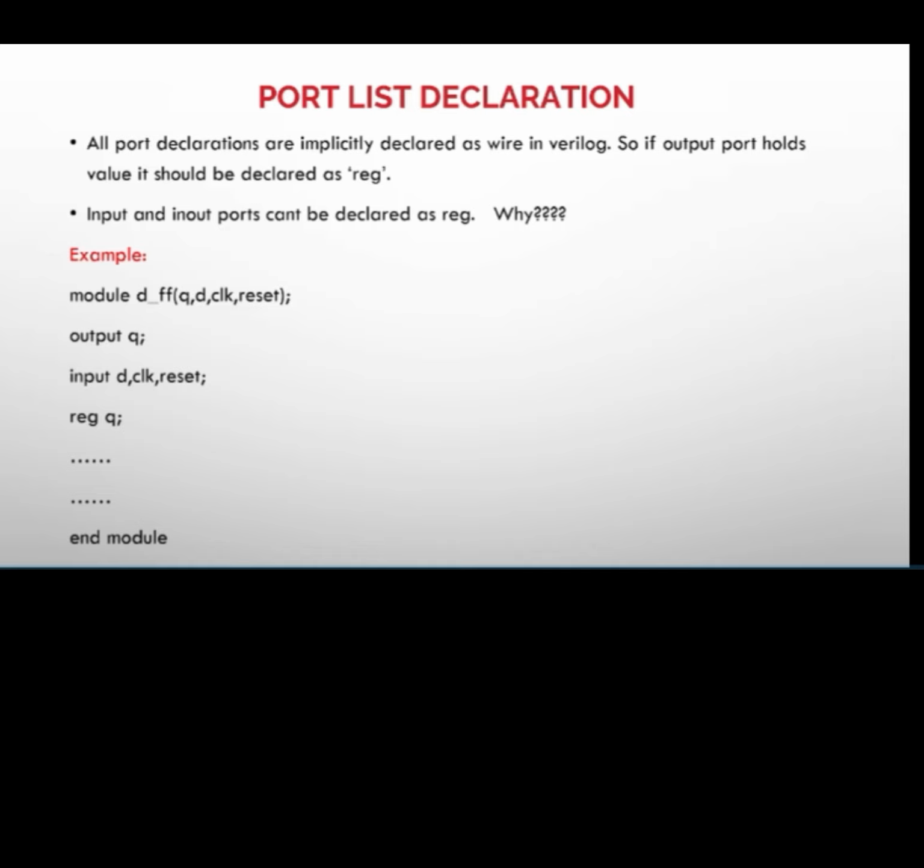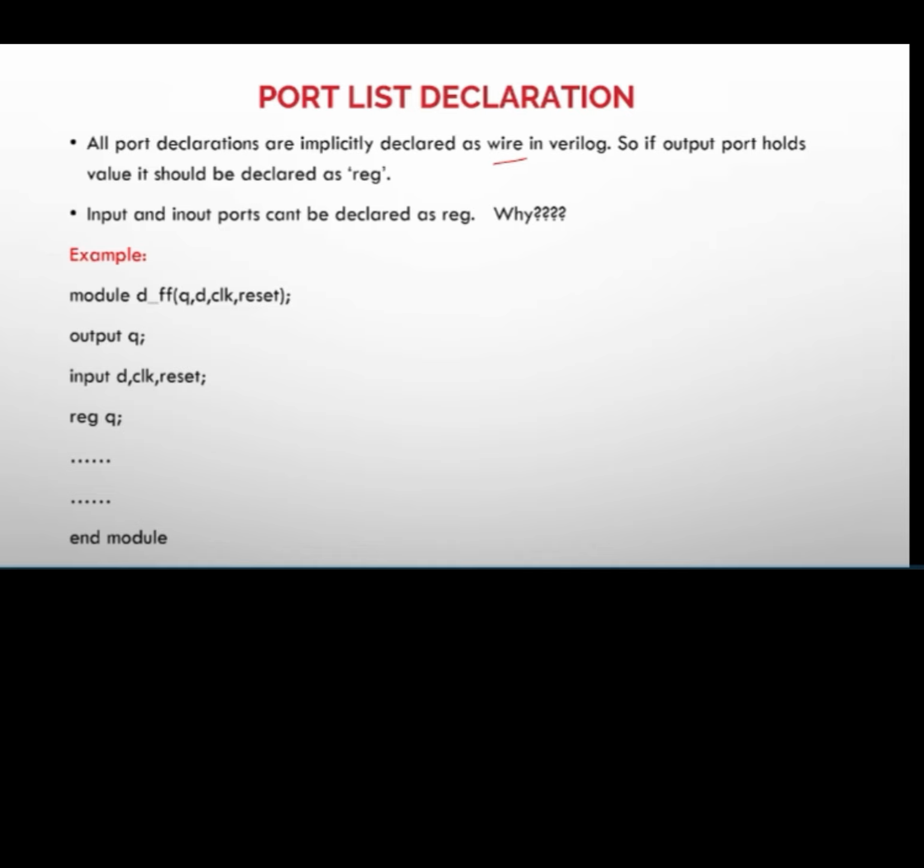These are some of the port connection rules. As I already told you, in Verilog every data type will have its default value. Similarly, every port is implicitly declared as wire. Why is it considered a wire? Because ports are used to drive values, is it or not, for communicating. In the first slide we discussed that a port is an interface in order to communicate. Communicating means passing the value, and passing something means, in technical language, driving something, is it or not? So what is the data type that is used to drive the value?